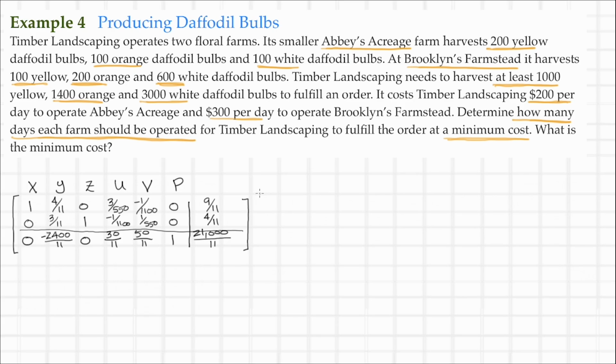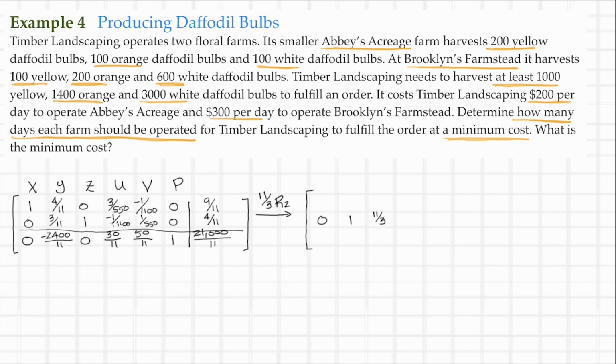So then we could take 11 thirds of row 2. Put in that bracket. 0, 3 elevenths and 11 thirds, that's 1. 1 and 11 thirds, there's 11 thirds.